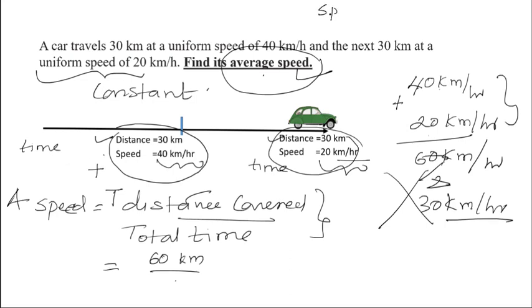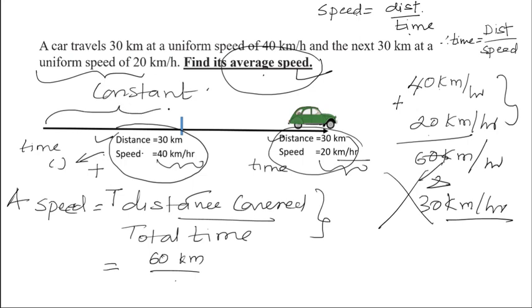If speed is equal to distance divided by time, therefore by cross multiplication, time is distance divided by speed. So you do the calculation here, distance divided by speed, right? You get a number, that is the time from here to here, and another number, the time from here to here.